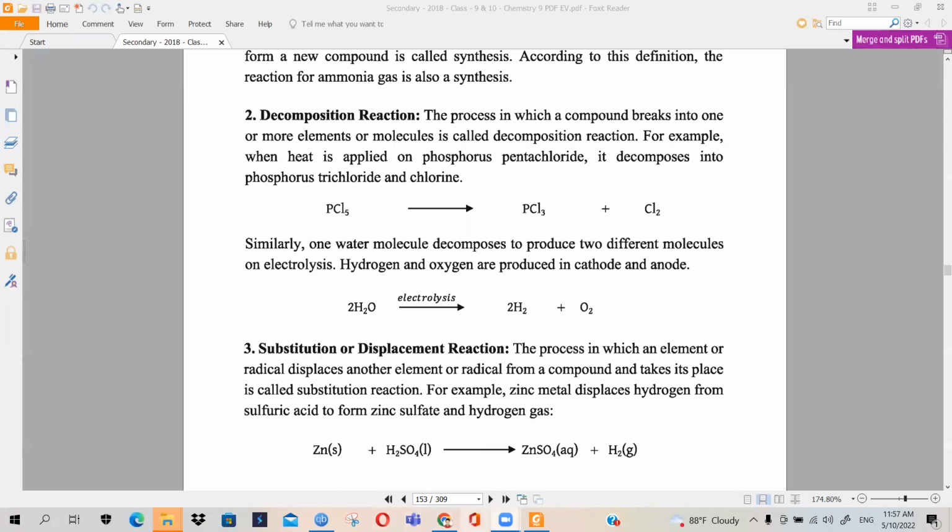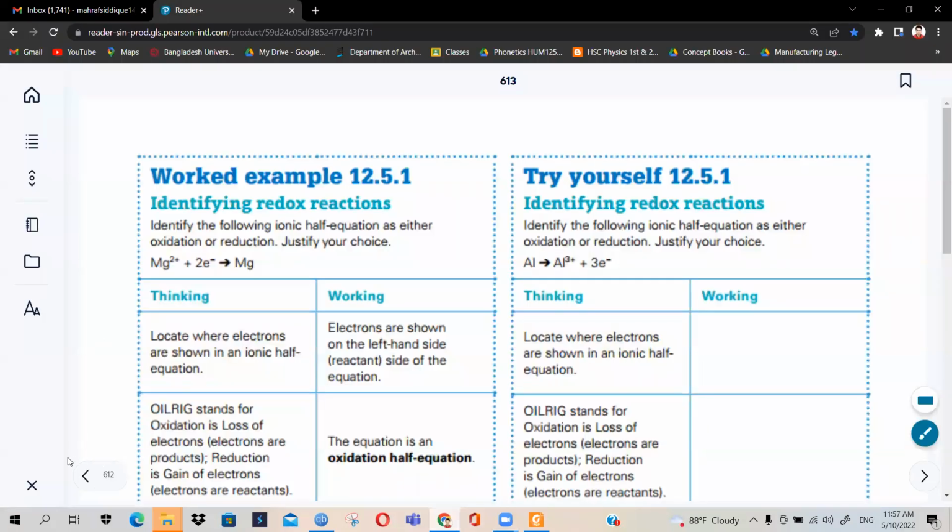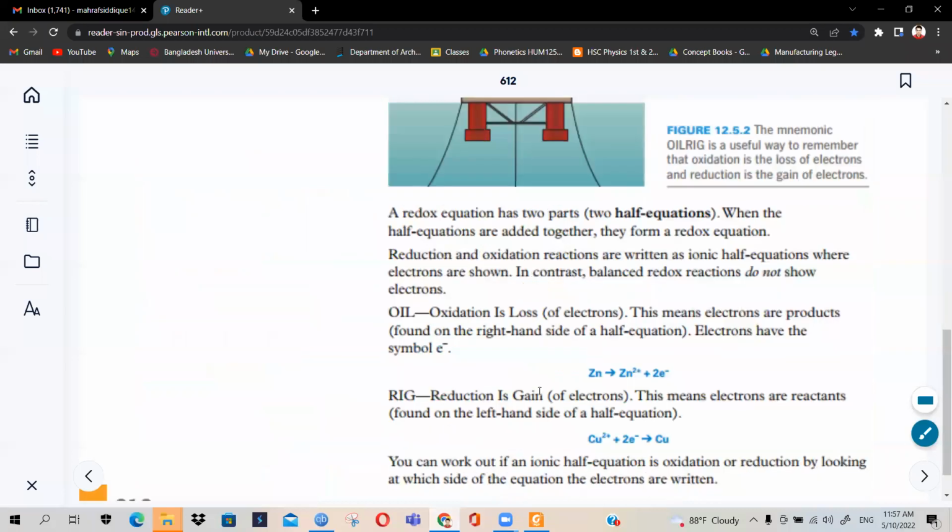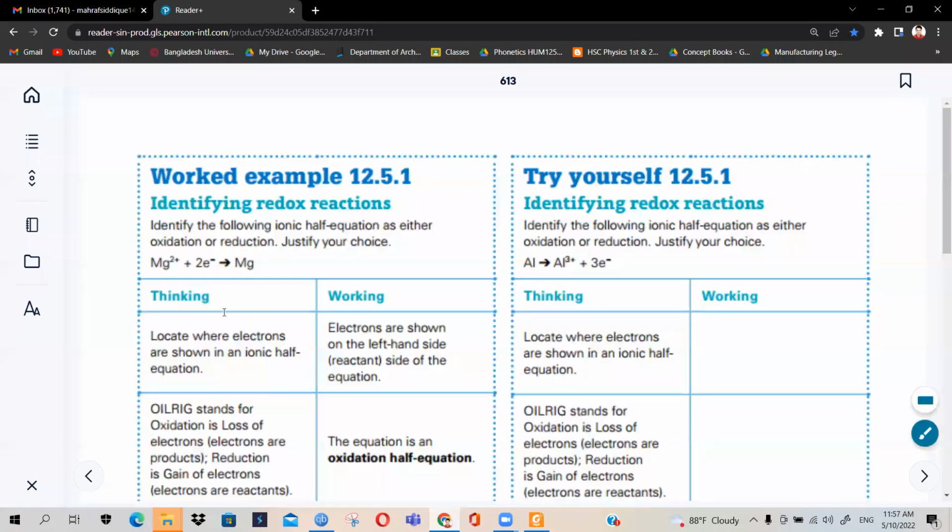So hello. We were discussing redox reactions, and these are pretty easy ones. You could go through them. They haven't even given you the whole equation. Tell me, is it an oxidation reaction or a reduction reaction? Mg2+ plus 2e-.